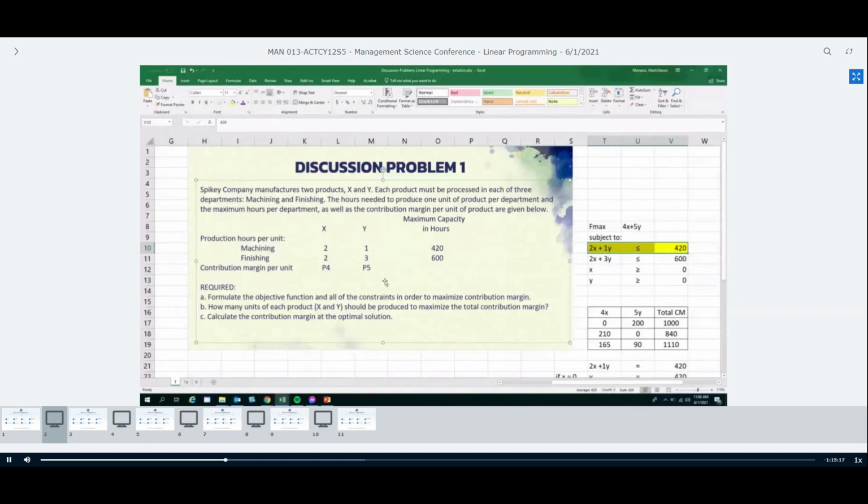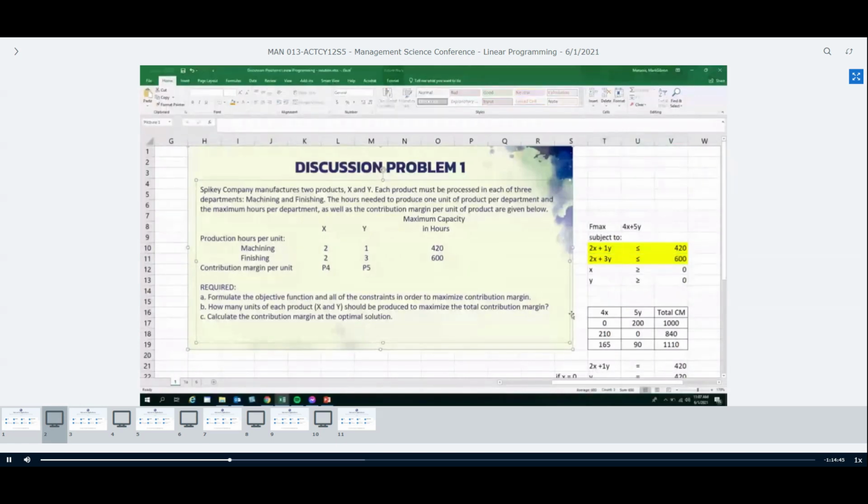Pag-usapan natin si finishing. Sa finishing department, we have a maximum capacity of 600 hours. Also, in finishing department, X requires 2 hours and Y requires 3 hours. So let's express that again in algebraic equation.